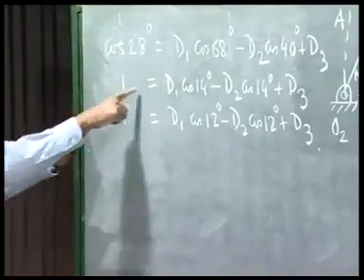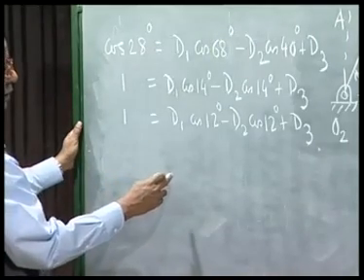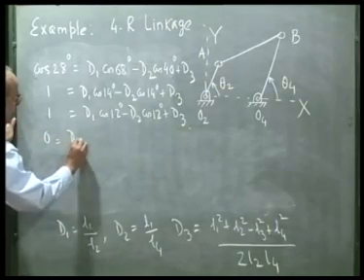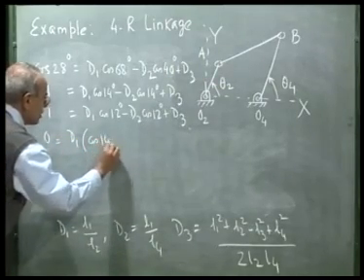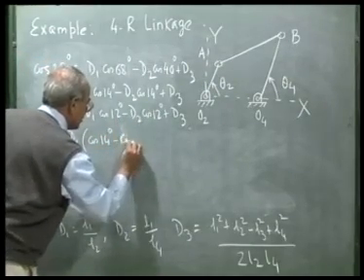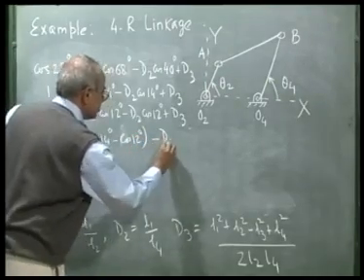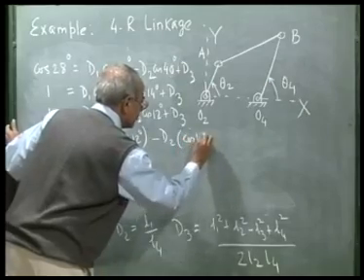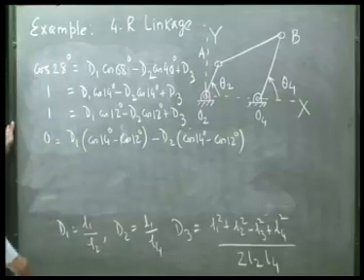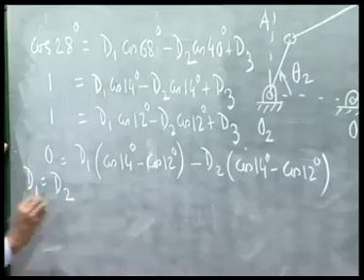Now if I subtract these two equations, I get 0 is d1 (cosine 14 degree minus cosine 12 degree) minus d2 (cosine 14 degree minus cosine 12 degree), which clearly tells me d1 is same as d2.